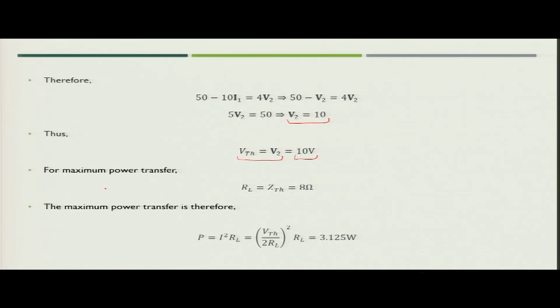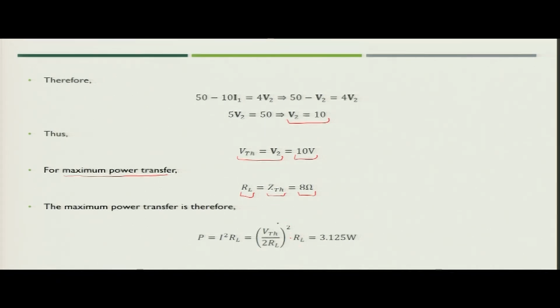and then we will apply the maximum power transfer theorem. At the maximum power transfer condition, your variable load RL should be equal to the Thevenin impedance. So, the value of RL we can set equal to 8 ohm, and what will be the maximum power transfer? That will be equal to (VTH divided by 2 RL) squared into RL.